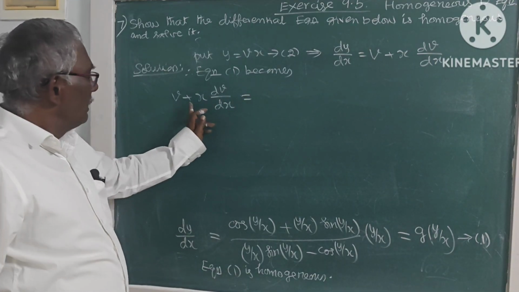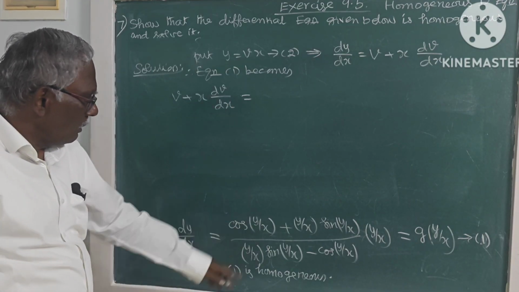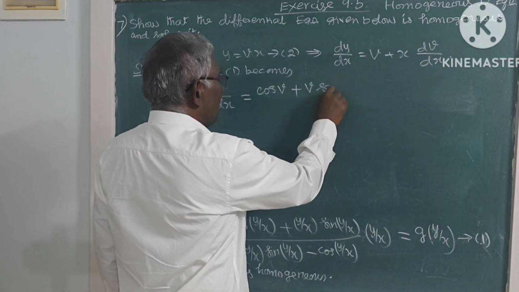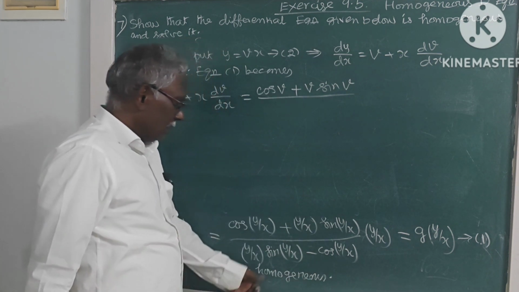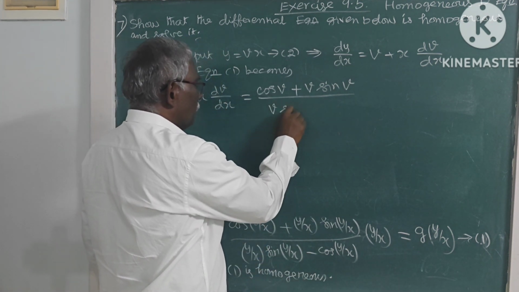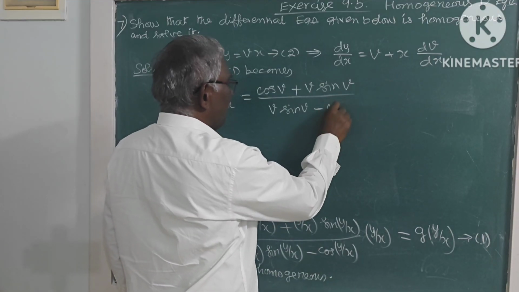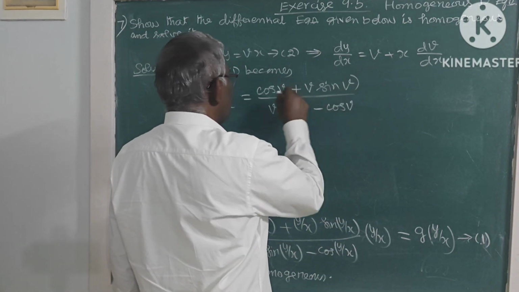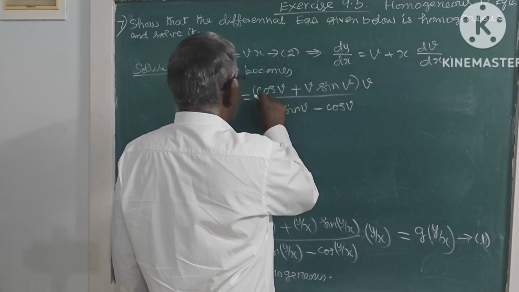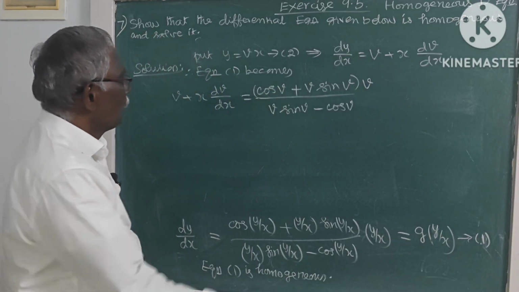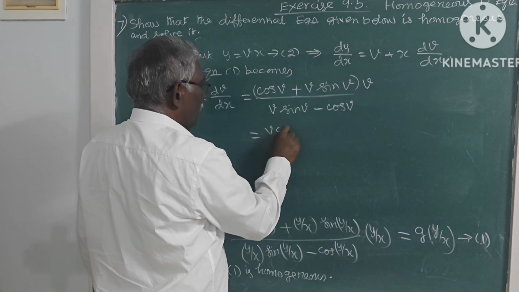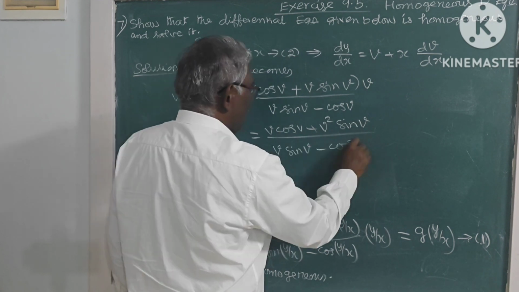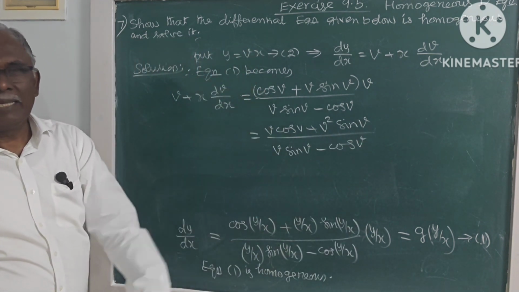So this gives dy by dx is, therefore equation 1 becomes: for dy by dx, we put this value v plus x into dv by dx, equals v cos v plus v square sin v by v sin v minus cos v. Now take v to the right hand side.